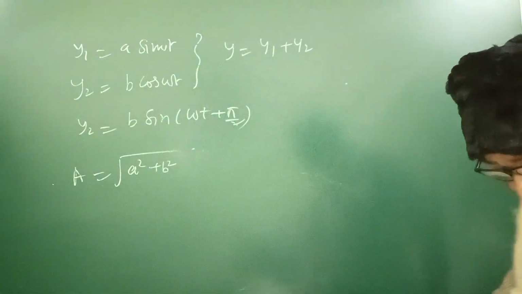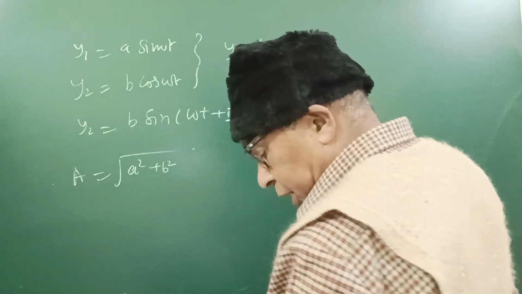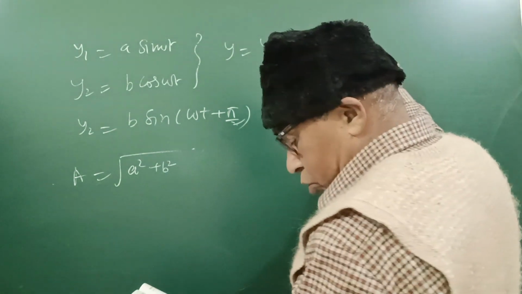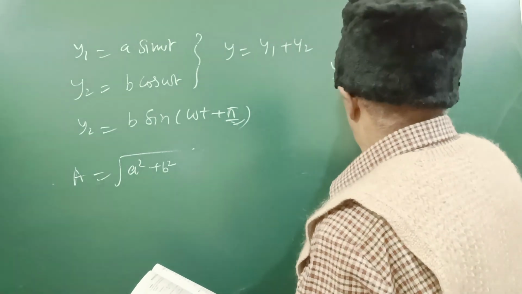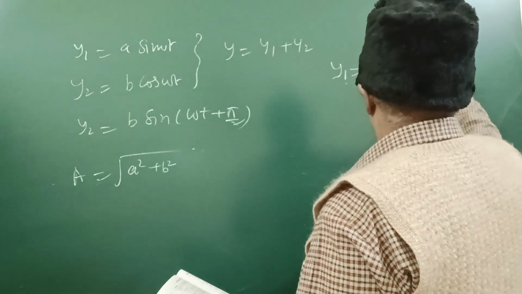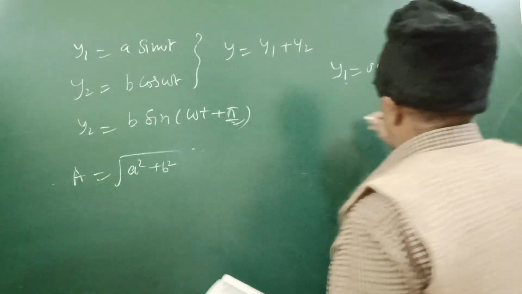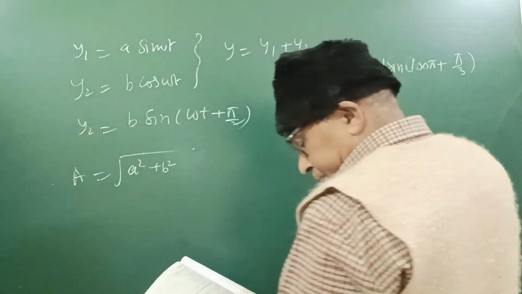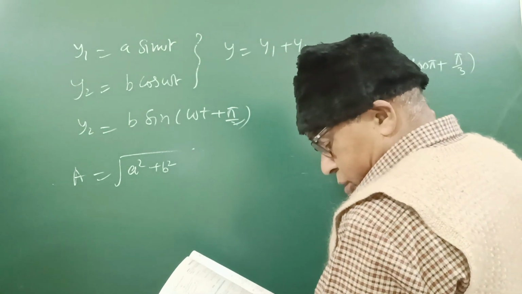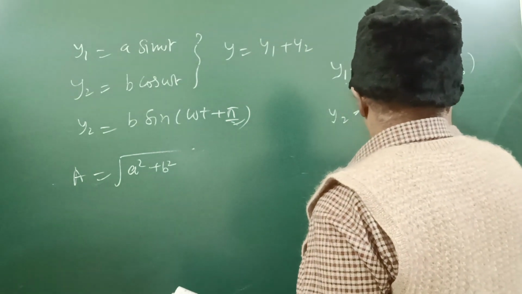He says that the simple harmonic motions are represented by y1 is equal to 0.1 sine (100 pi t plus pi by 3), and y2 is equal to 0.1 cos pi t.